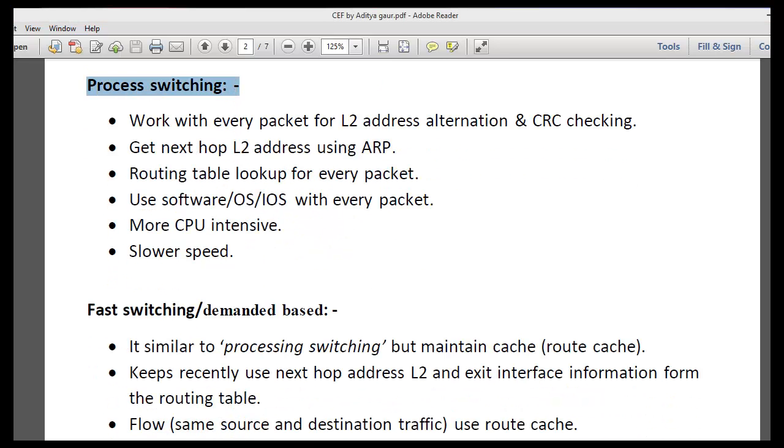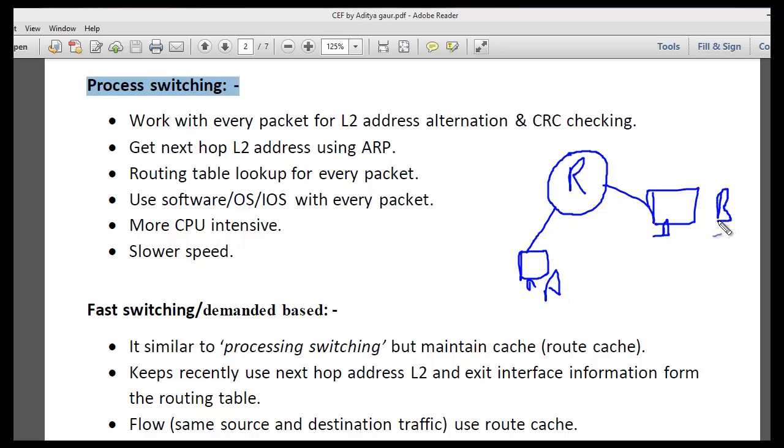To understand it better, let me take my pen and go through a diagram. Suppose this is a router, a computer connected right there, and another computer right there. One is on the left hand side and another is on the right hand side, computer A and computer B. Somehow computer A wants to send data to computer B. First it sends data to the router, since your router works like a gateway. The router receives that packet, and then it performs multiple tasks with this packet.